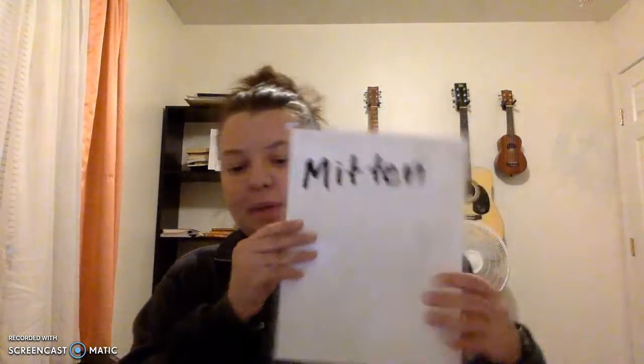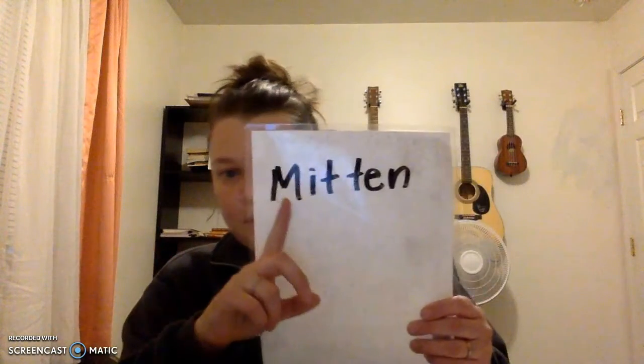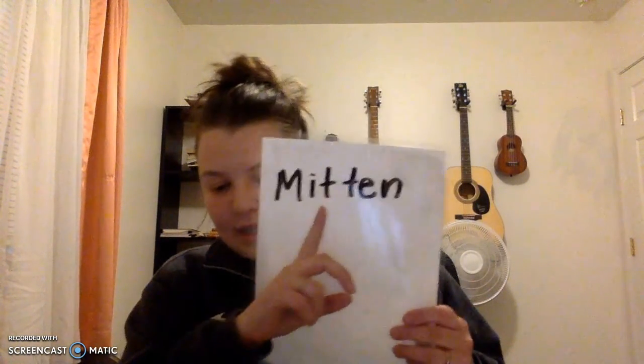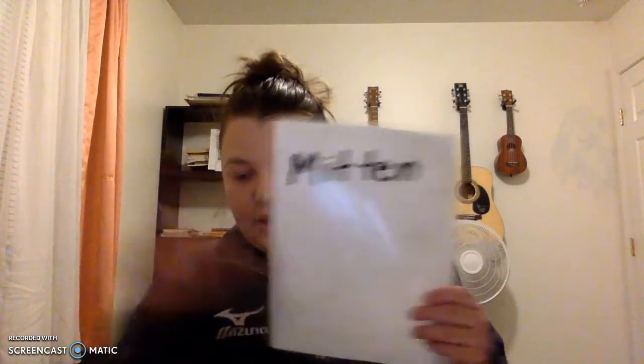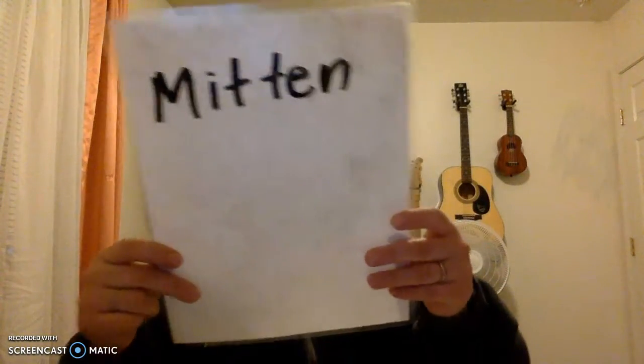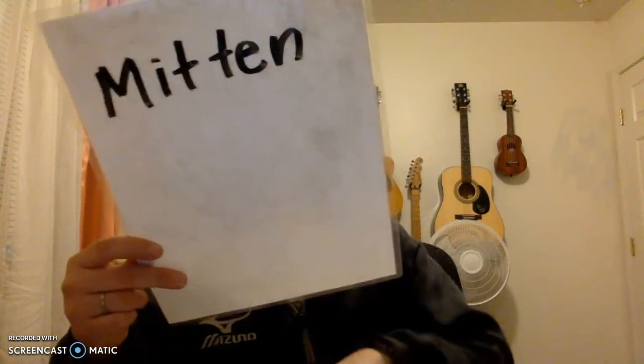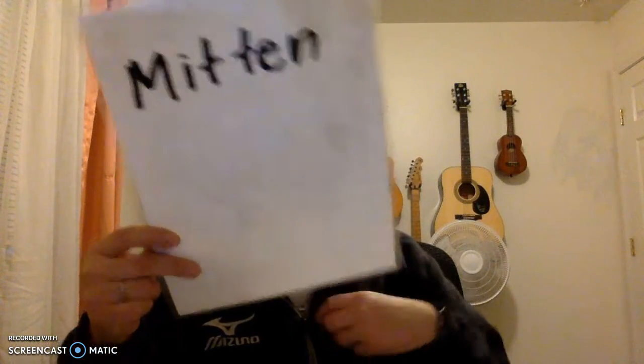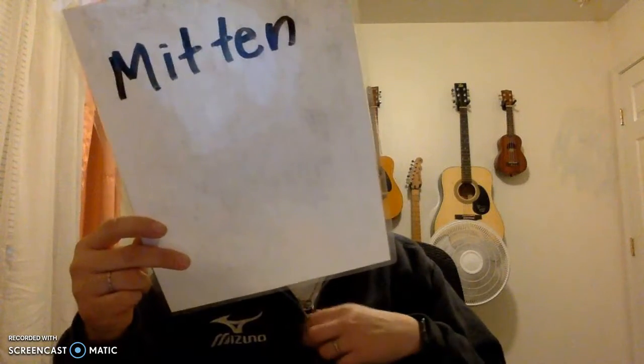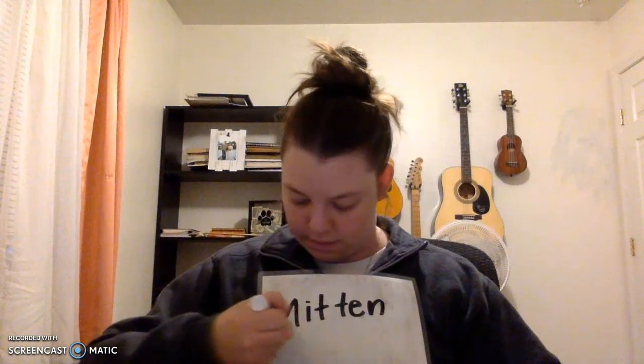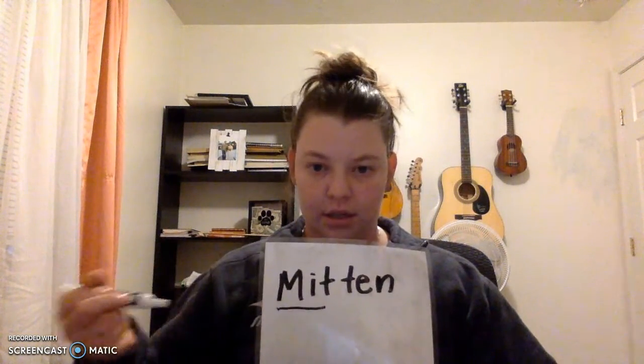So now that we have the first one, we're going to write that on your papers. The first one is mit, and the second one is ten. When you write a syllable on your paper, we're just going to write it like this, and then we'll break it up again. So your first is mit, okay, ten.